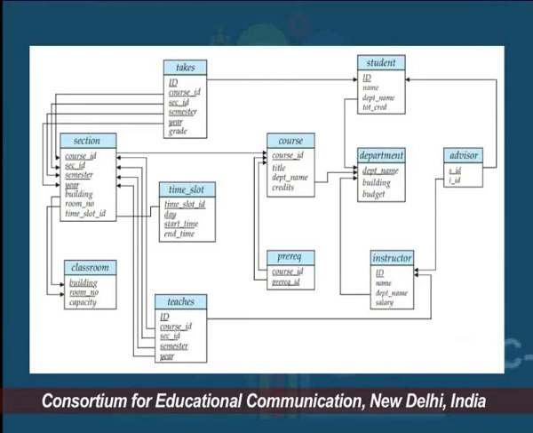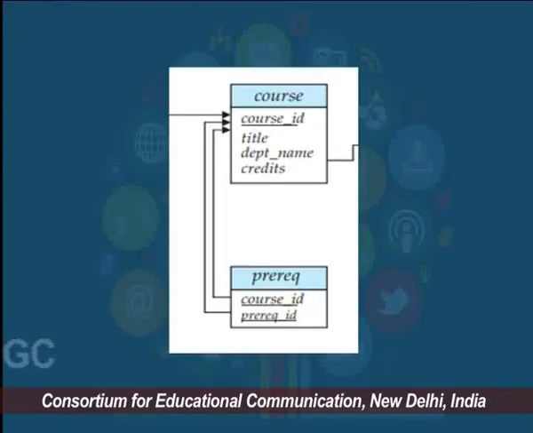Let's have a closer look. Here the course table has course ID, title, department name and credits, while the prerequisite table has course ID and prerequisite ID. Prerequisite ID will also come from the course ID, and course ID is actually a foreign key derived from the course ID of the course table.